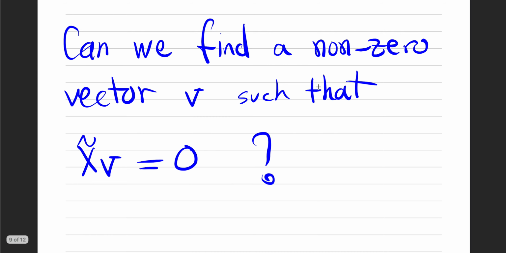Can we find a non-zero vector v such that X tilde v is 0? If we can't find that, then what does that mean? It means that the columns are linearly independent.